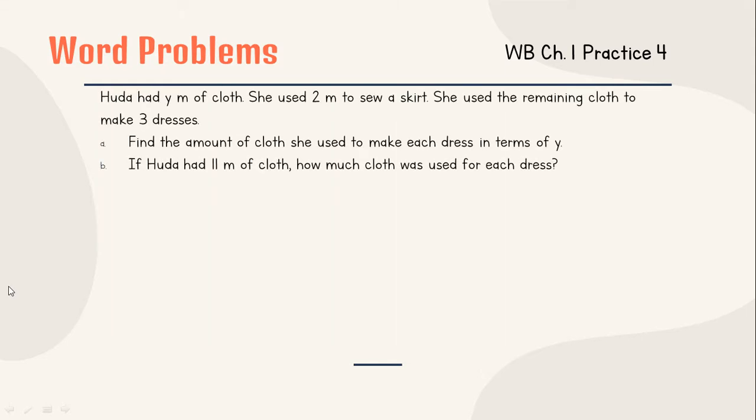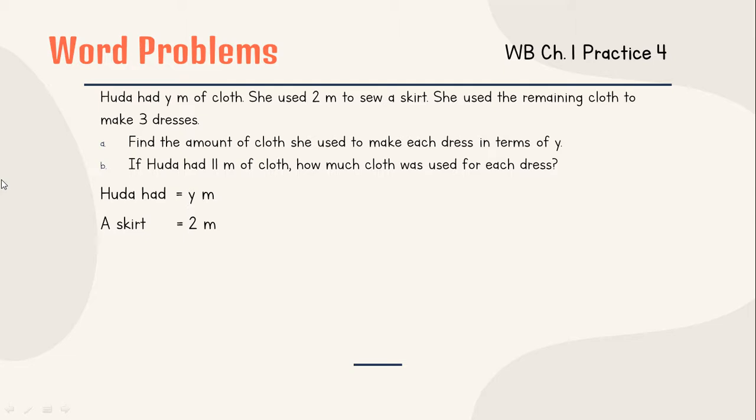Huda had Y meters of cloth. She used 2 meters to sew a skirt. She used the remaining cloth to make 3 dresses. A. Find the amount of cloth she used to make each dress in terms of Y. So at first, Huda had Y meters. And Huda used 2 meters for a skirt, right?